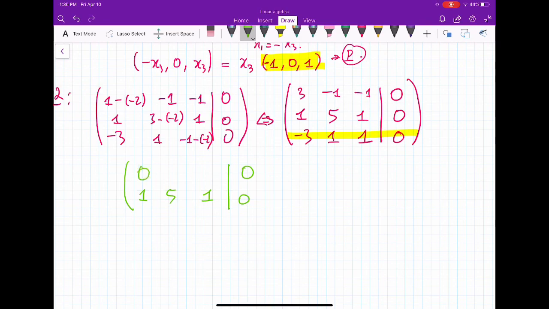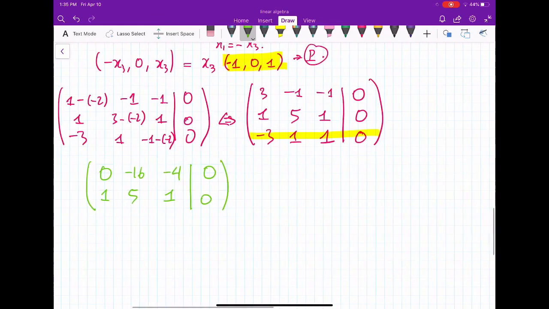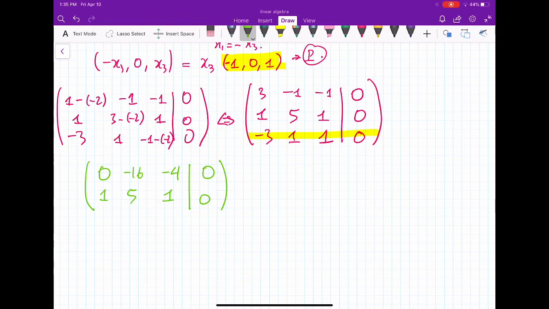And here I have 0. With 5, with -3 is -15, minus 1 is -16, 1, -3, and here I have -4, right? Now I can divide the first row by -4. I can make this just 4 and 1, okay?